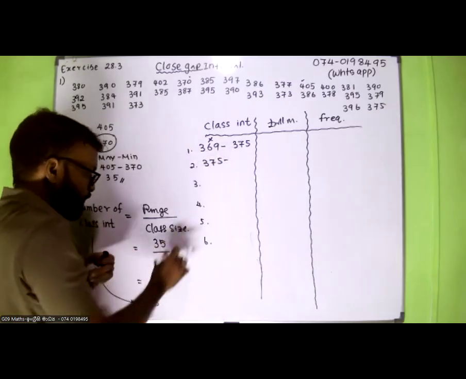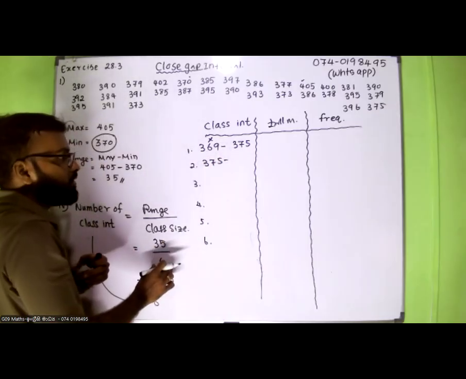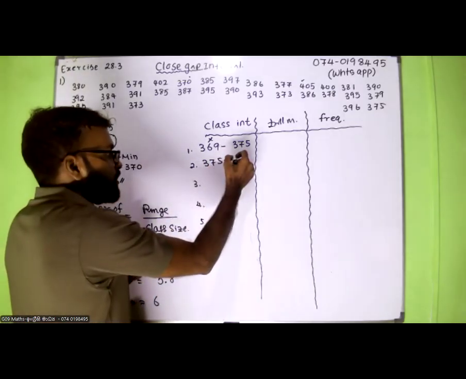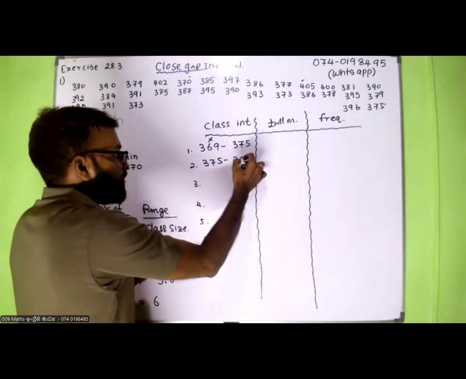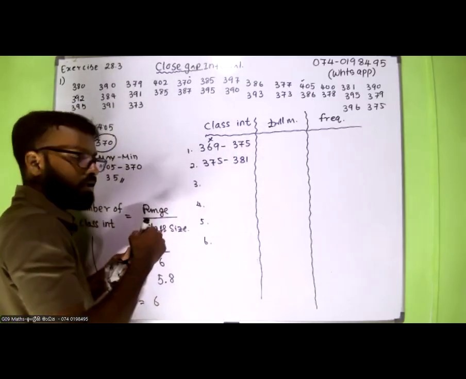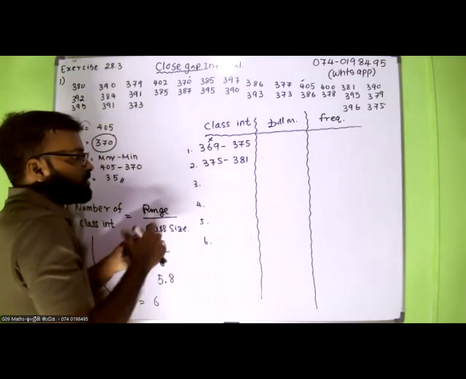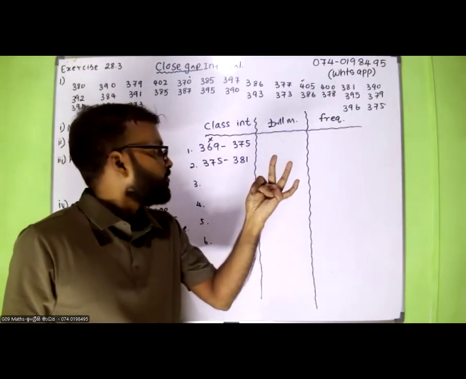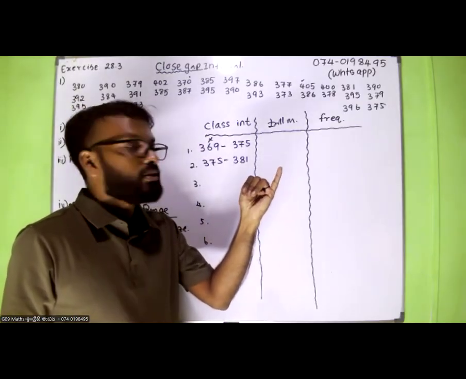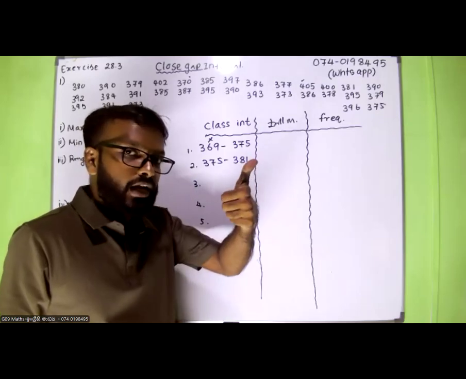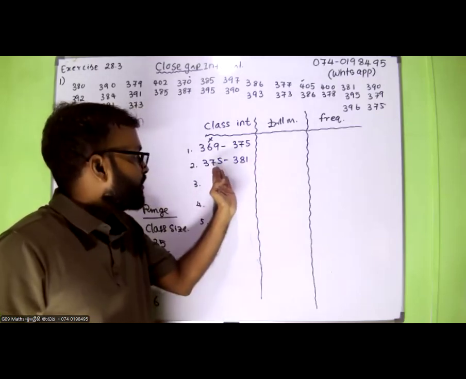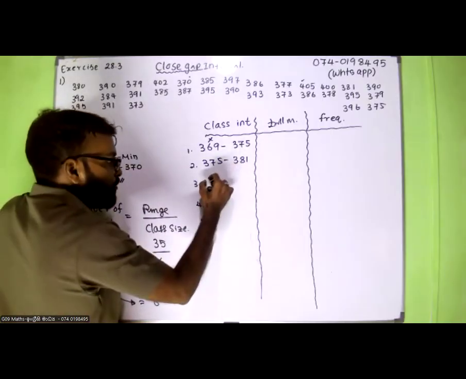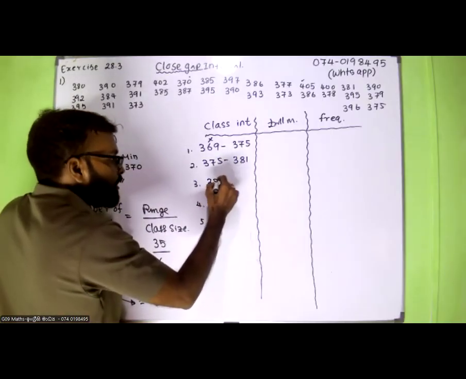375 plus 6 is 381: 376, 77, 78, 79, 380, 381. So I have to begin from 381.